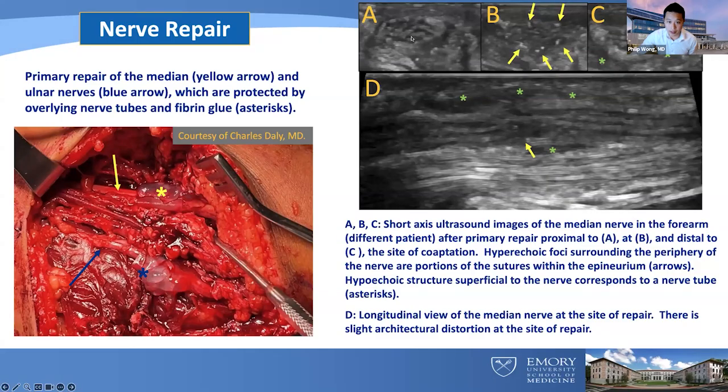You can see the nerve here, and then these hyperechoic foci, which correspond to the sutures within the epineurium of the nerve, and then the hypoechoic structures with the asterisks, that's the nerve tubes and fibrin glue. This is a longitudinal view of the nerve that's been repaired, and here's the nerve with the tubes around it.